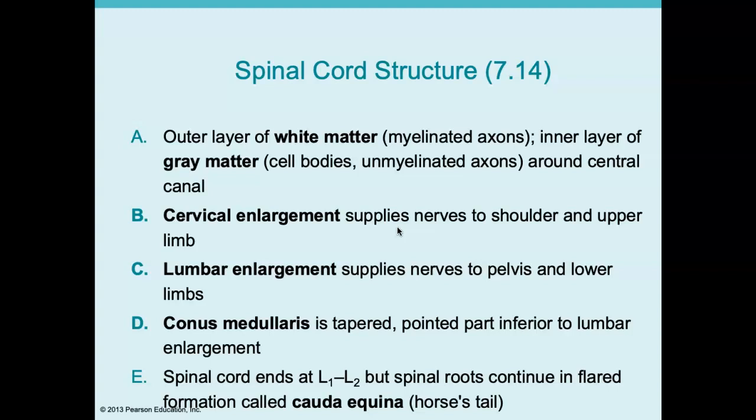And then a hole in the middle called the central canal, and cerebral spinal fluid flows up and down that central canal. We'll see two enlargements, one that supplies nerves to the shoulder and upper limb, and one that supplies nerves to the pelvis and lower limbs. We will see the conus medullaris, and we will see the cauda equina.